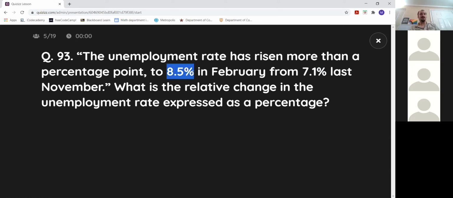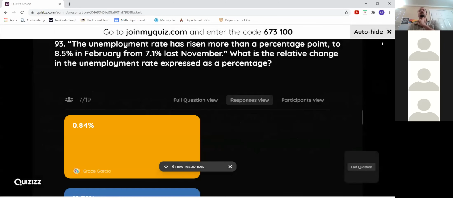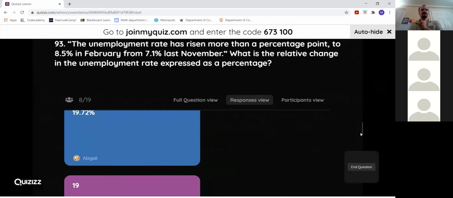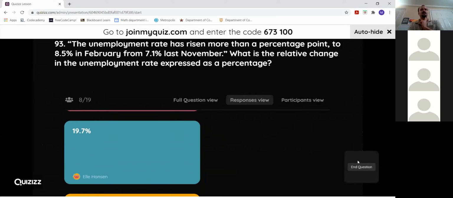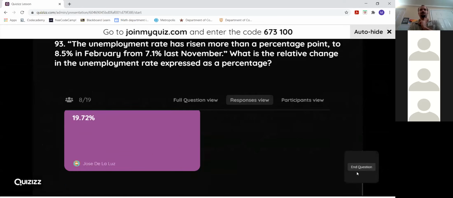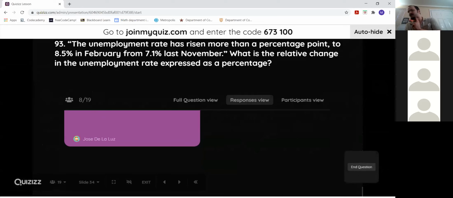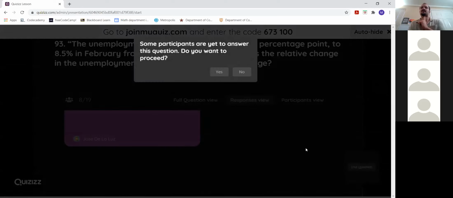So what are we doing? 8.5, we're going to subtract the 7.1, then divide by the 7.1, which is the reference, or the old guy. Ooh, 0.84, where are you? I don't see 0.84. Yeah, I think we're hitting around it, right? It should be 19.7, somewhere around there.